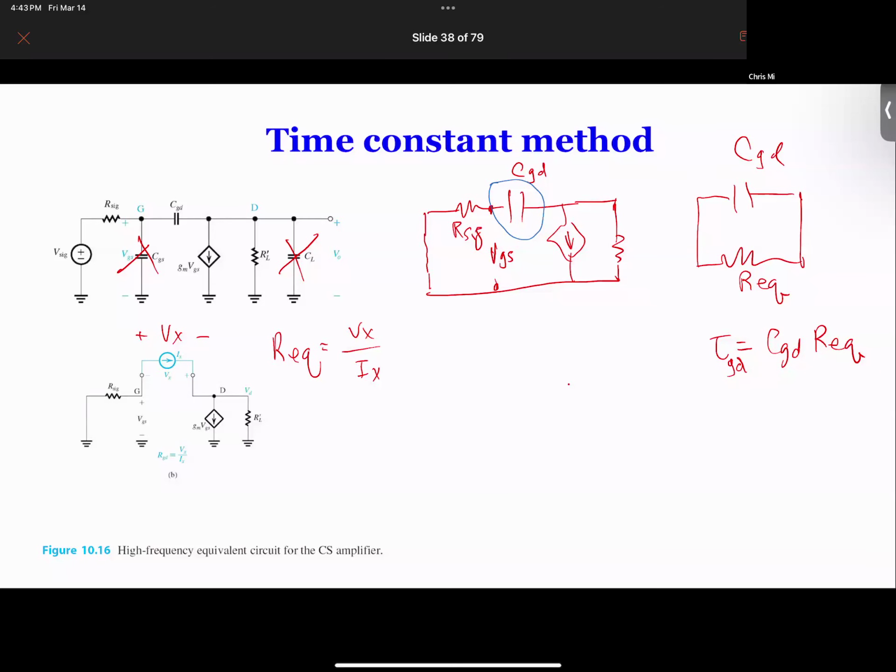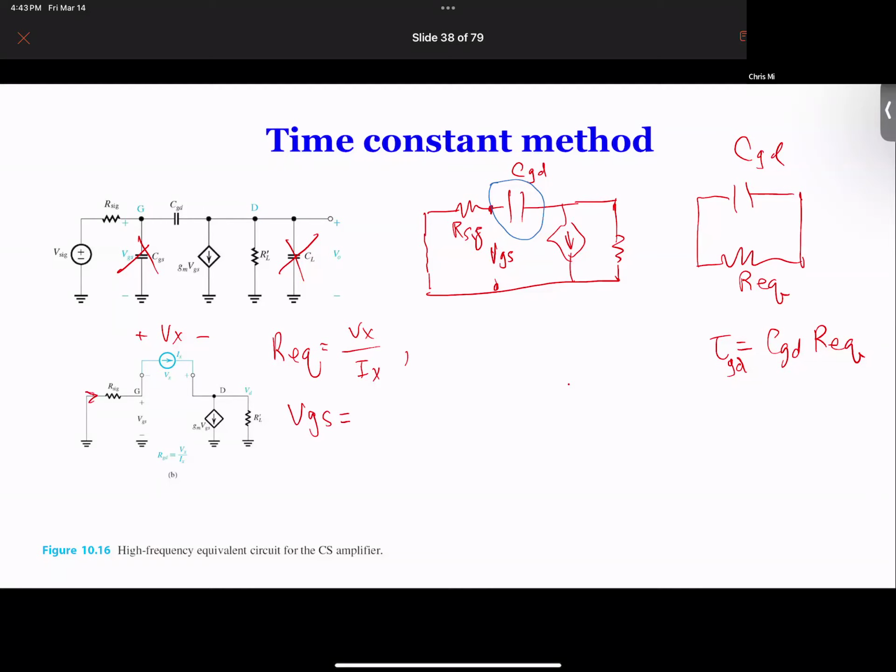Now this of course becomes very simple, because really there's only one node here, and the current over here is given. If the current is given, how much is VGS? Let's write this together. I mean, this is so simple, we should do it. So VGS, you guys write together. How much is VGS?